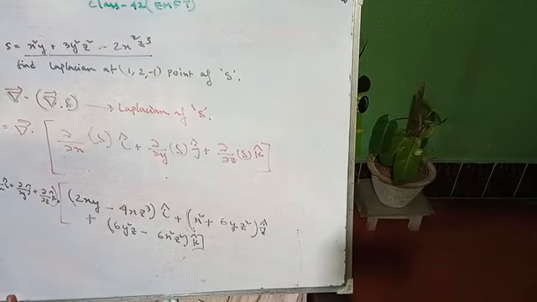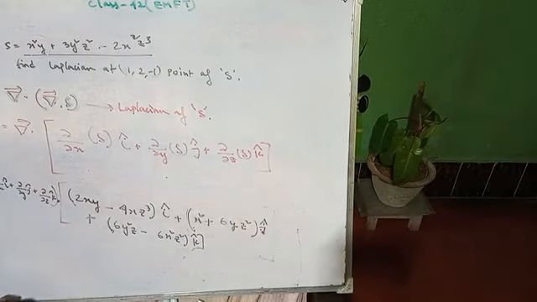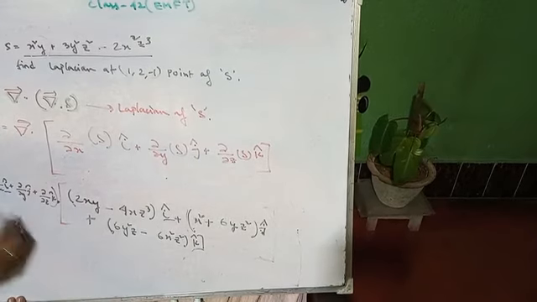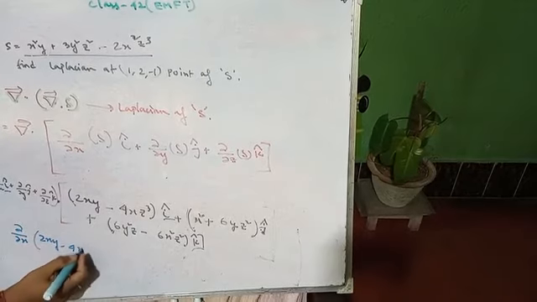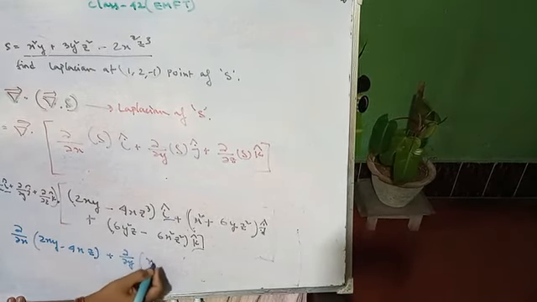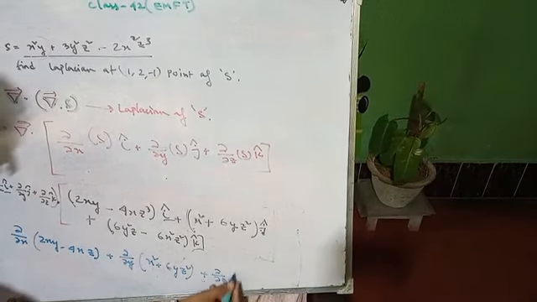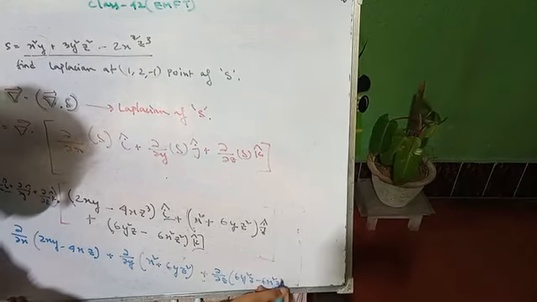The dot product result: i cap and i cap remains 1. So del x of 2xy minus 4xz cube, plus del y of x square plus 6yz square, plus del z of 6y square z minus 6x square z square.